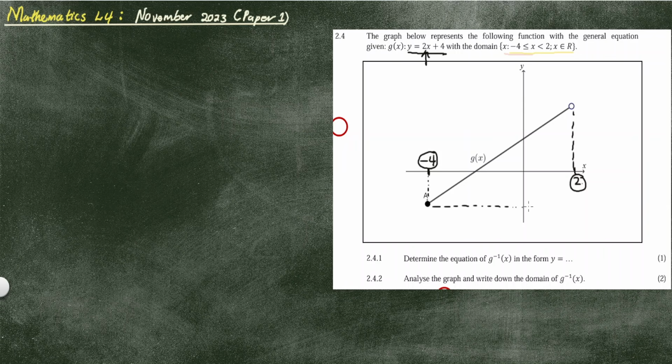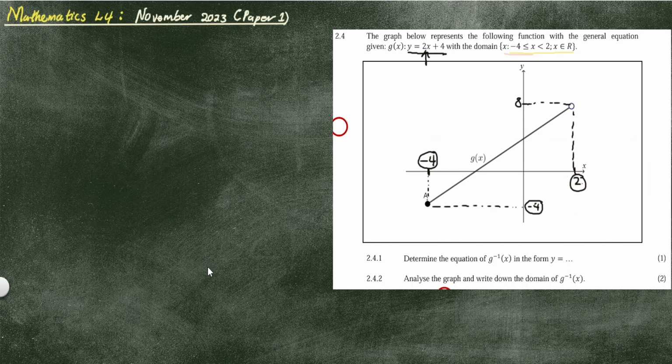For 2, I'm getting 8. So the corresponding y value for 2 is 8. Not that they are asking for it, but it would be convenient for us to also have the corresponding y values for the x values.